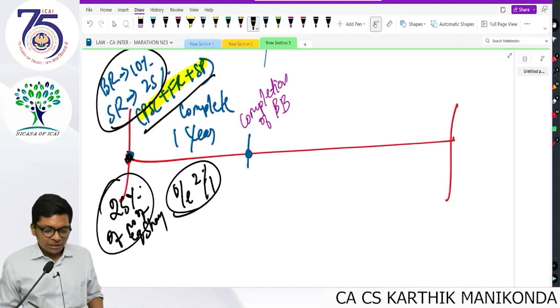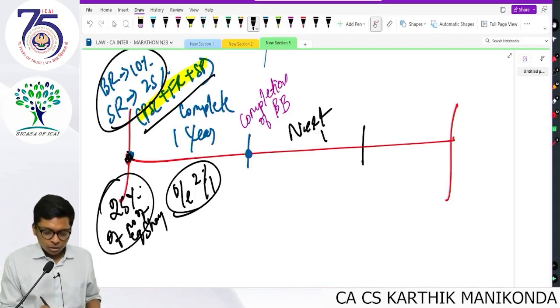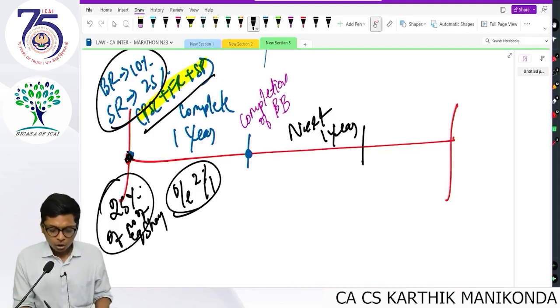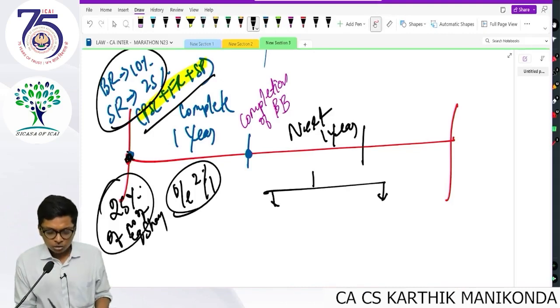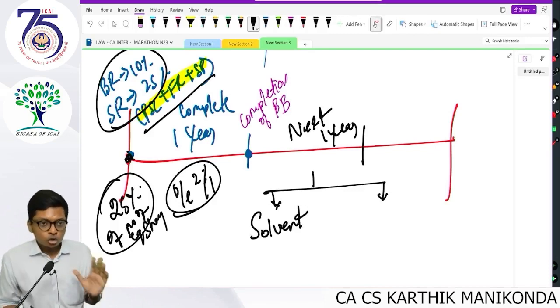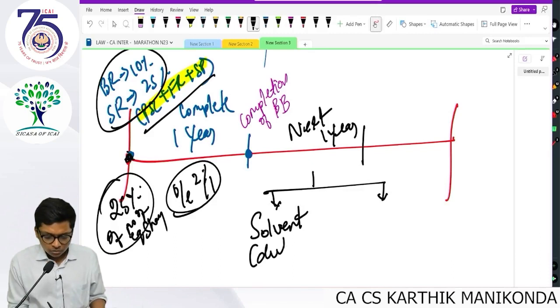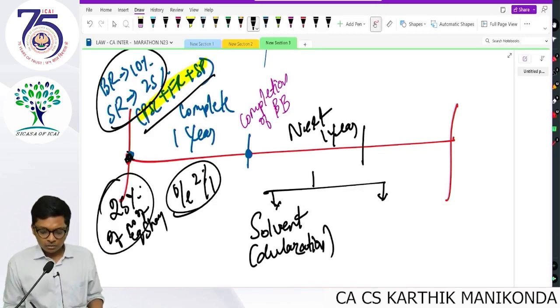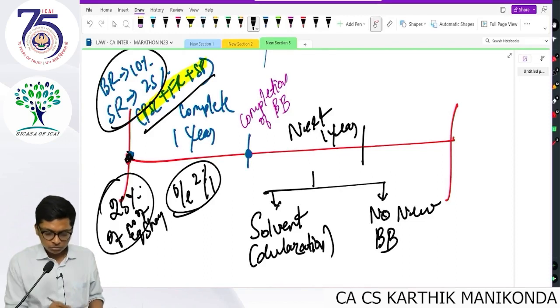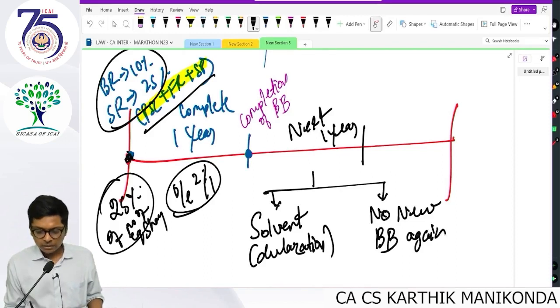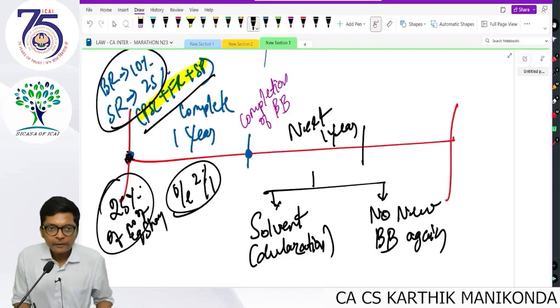Once buyback is announced, complete within 1 year, and for the next 1 year, two things should not happen. Company should remain solvent, so you need to give a declaration, and no new buyback again after completion of the first buyback.